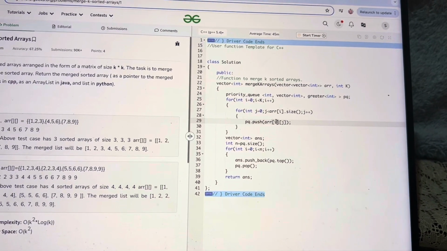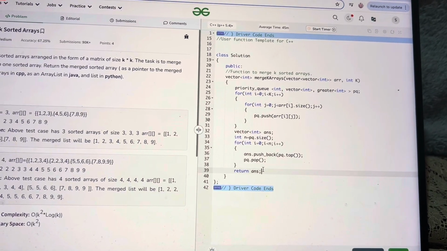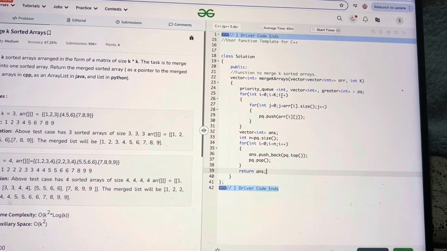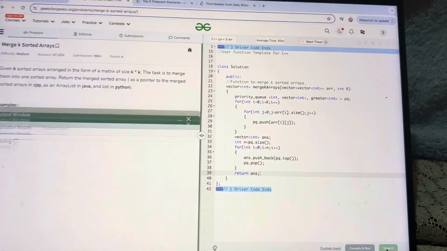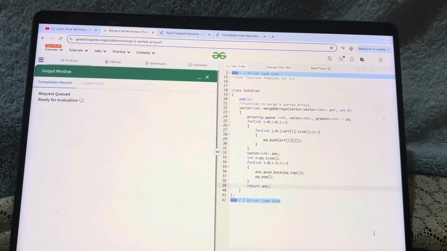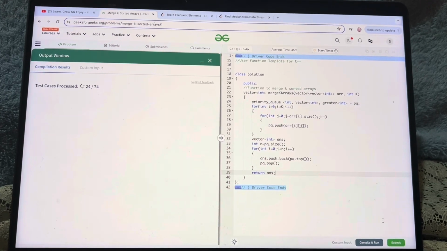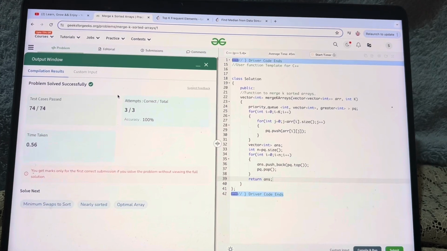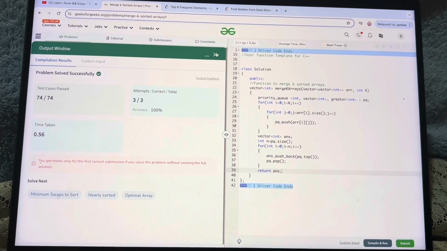Same as what we have discussed, we are returning the answer vector that comprises all the k sorted arrays merged and sorted. So we will directly submit this solution. All the test cases have passed, and I hope the explanation and the code are clear.